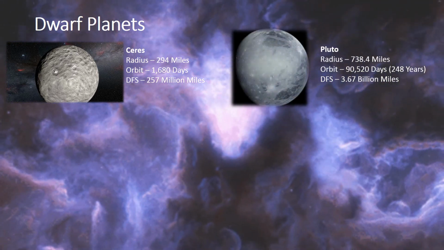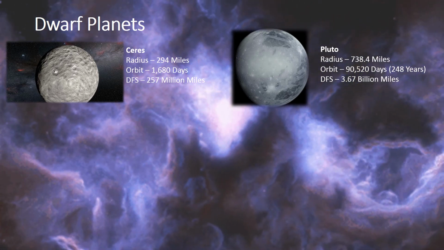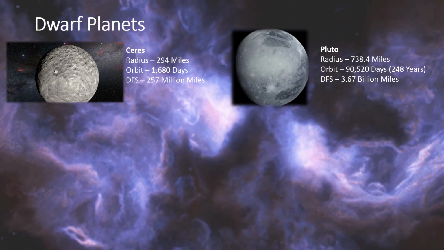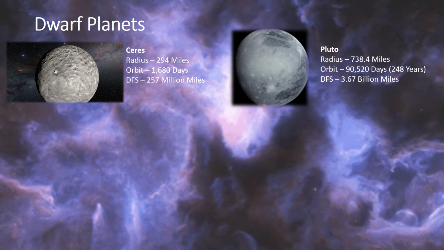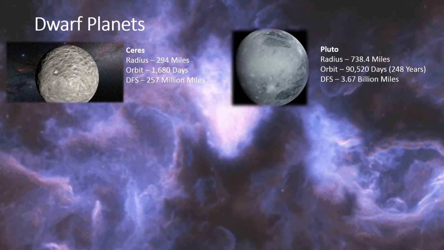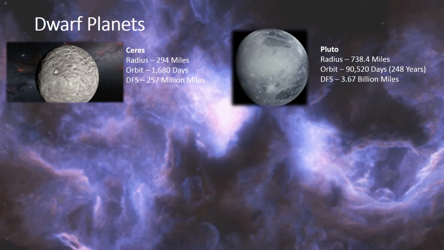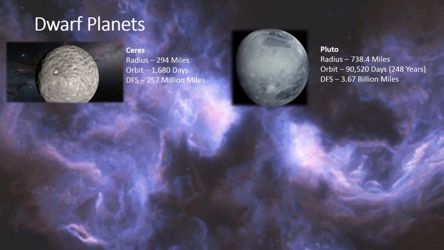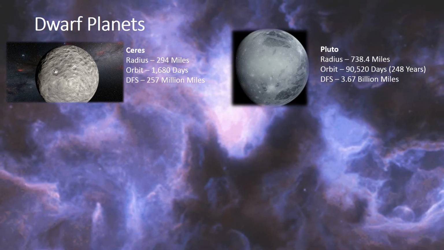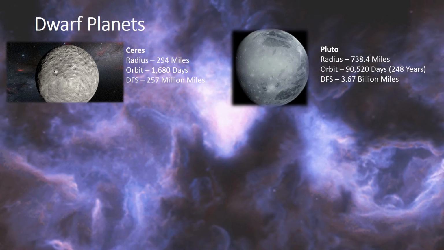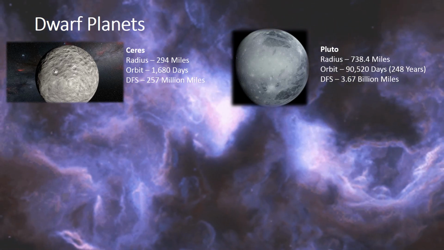Then you have Pluto. Pluto used to be what was called one of the regular planets, but they decided, because of Pluto's size, they wanted to classify it as a dwarf planet. As you can see, Pluto is fairly small.